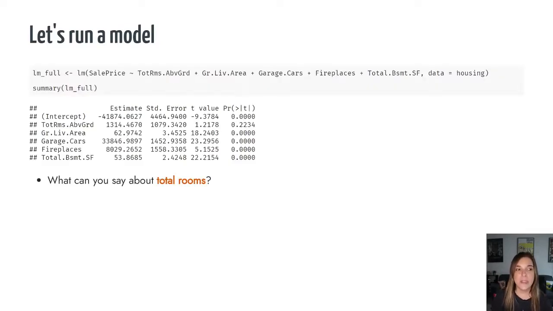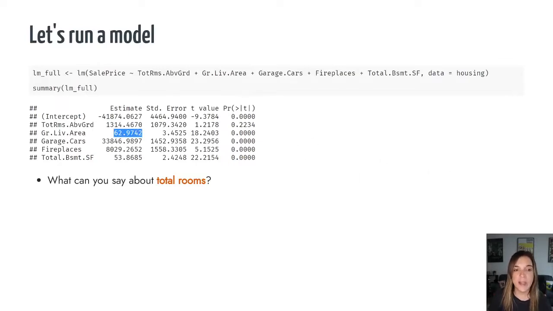So for example, let's look at this regression. You can see I'm running sales price, meaning the price that a house sold for, on the total number of rooms that the house has, the living area, and other characteristics such as garage, fireplace, and the size of the basement. As you can see here, the coefficient for total number of rooms is positive, which is something that we expected, and the same thing with living area is also positive.